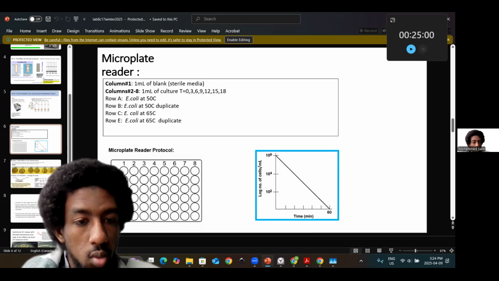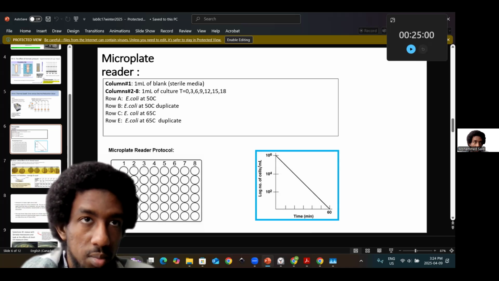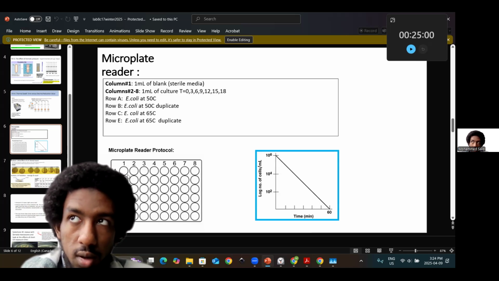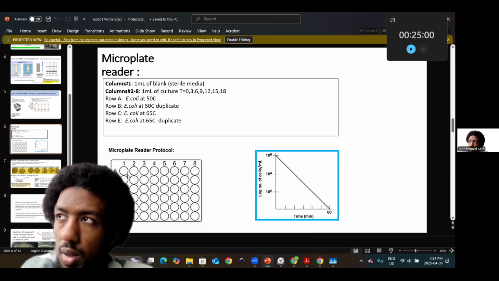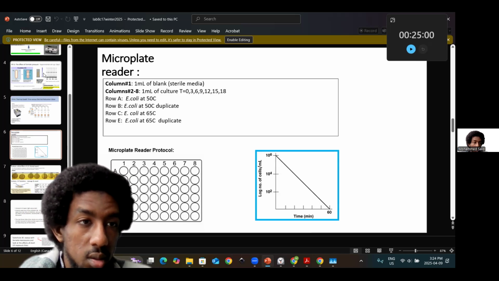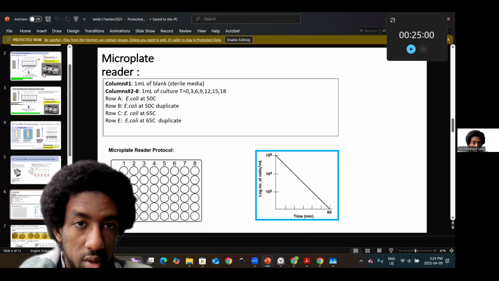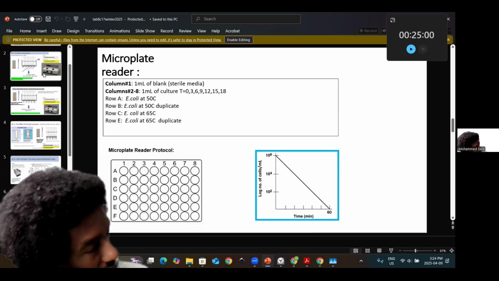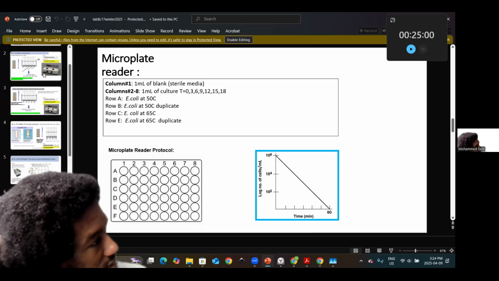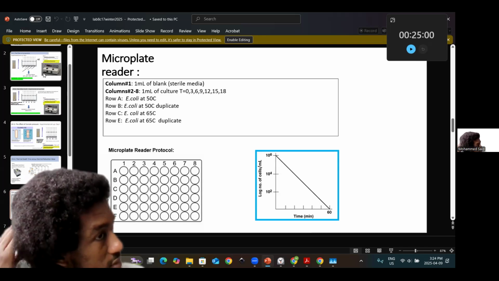So for each row, you have two reps, just like the reps that we've done in the past with UV or other class exercises, right? Think about even when we talked about osmotic pressure, pH, temp, we had controls and we had duplicates, replicates of five tubes, five conditions, 10 tubes for the temps.